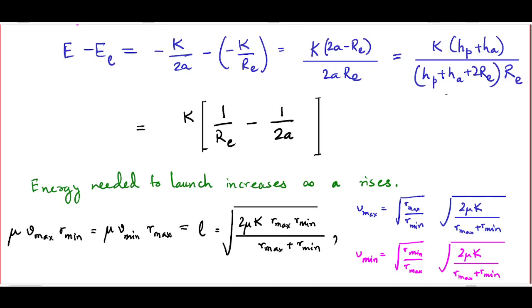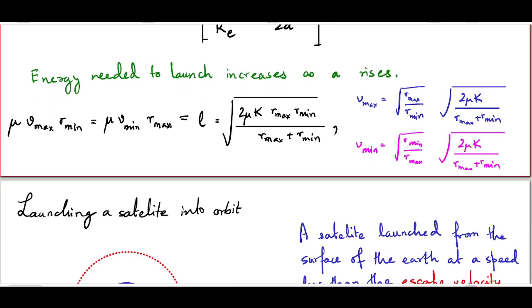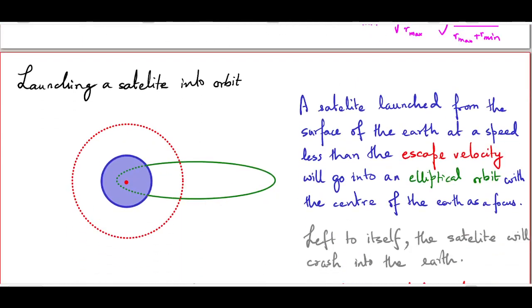The point is, you cannot just hope to launch a satellite from a given point on the Earth and expect it to miraculously go into the orbit that you finally want it to go into. If you were to say, launch a satellite from this point on the surface of the Earth with a speed which is less than the speed required to send it into unbounded orbit, it is going to go into an elliptical orbit with the center of the Earth as its center.